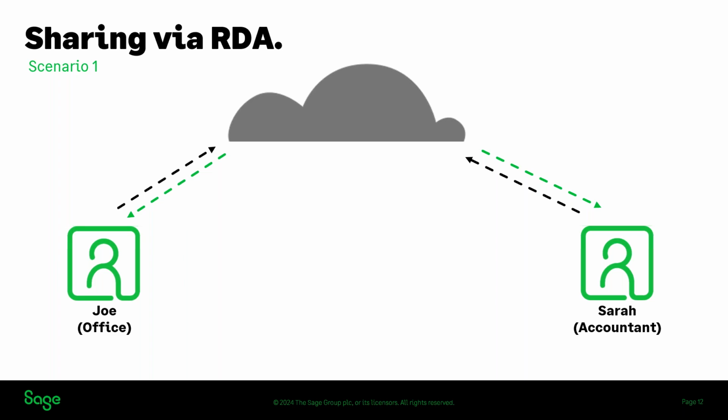When you have a one user license, for example, where Joe is the only user, as long as you set up your accountant with the right user type, they do not count towards your users logged in. So it will still allow Joe to be logged in and the accountant user, Sarah, to be logged in at the same time.